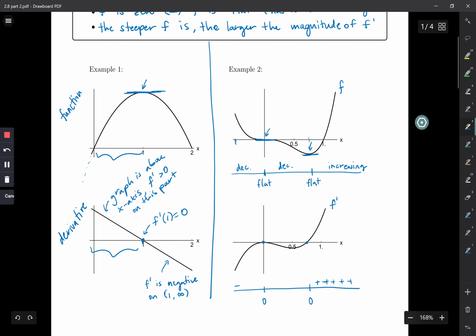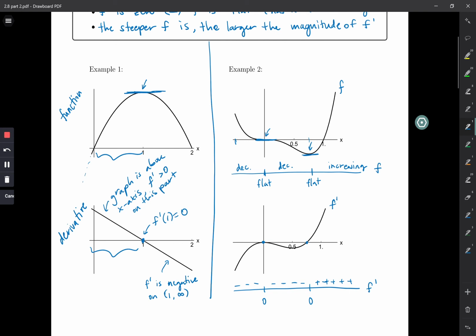And then negative on the other two intervals. Okay, so this is basically, we're just creating a number line and then writing down the behavior of f on the number line, and then here we're writing down the behavior of f prime on the number line.